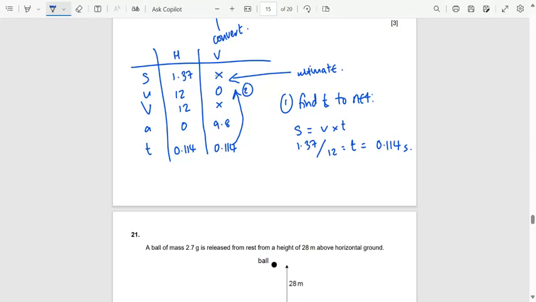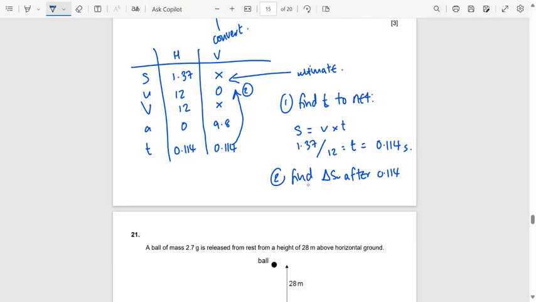I'm now going to put that into my vertical. So I'm trying to find S. Vertical: S equals UT plus half AT squared.